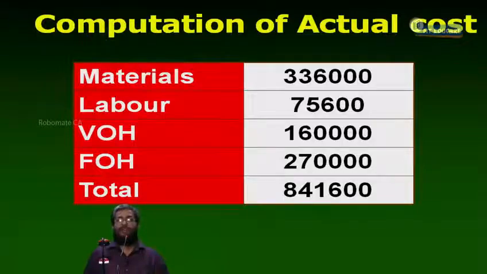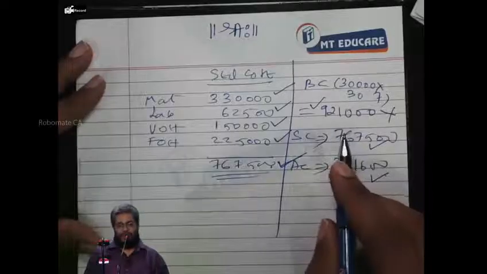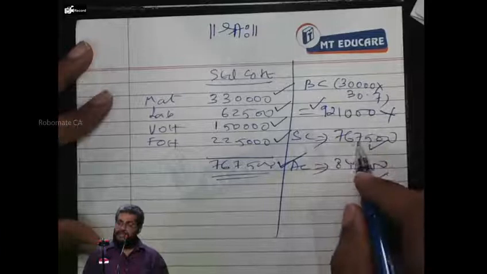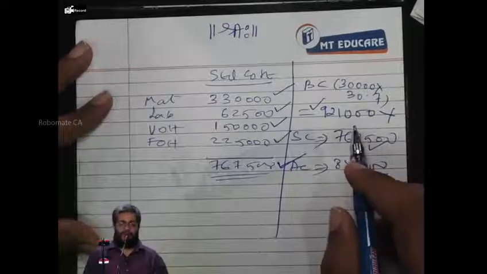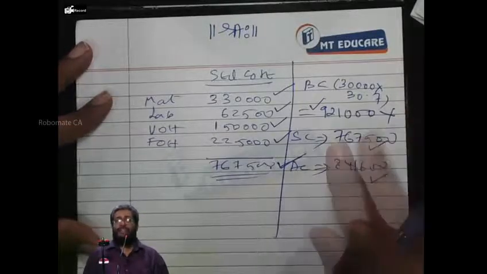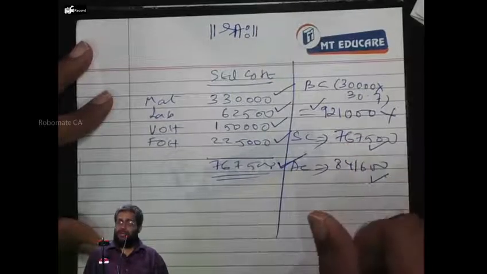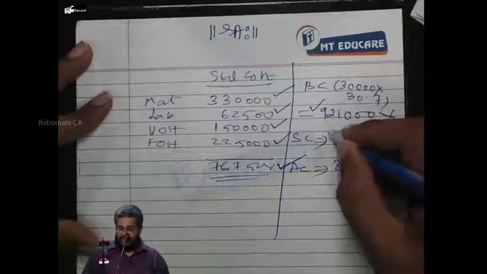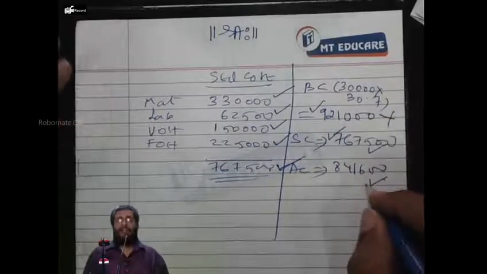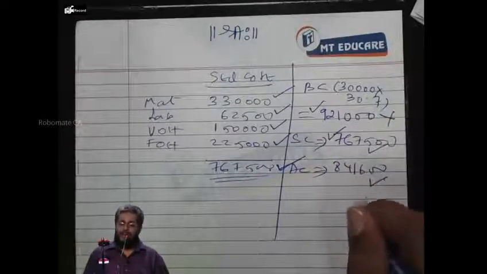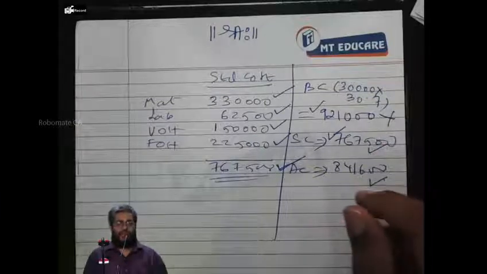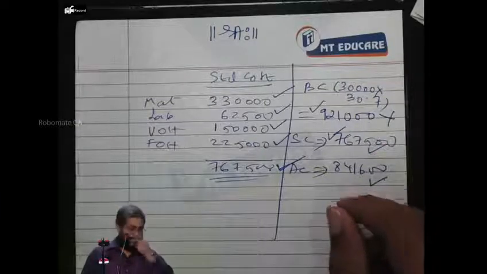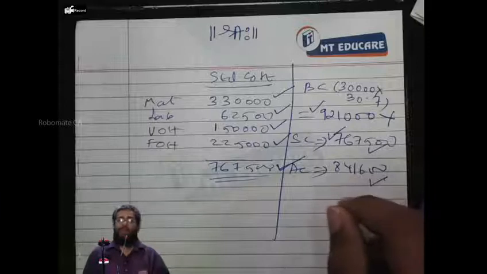Standard cost: 25,000 units into 30.7. The 30.7 is budget, but the units are actual. That is 767,500. Actual cost is 8,41,600. This is point 1 in the notes.